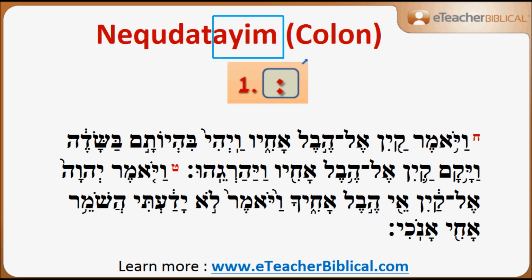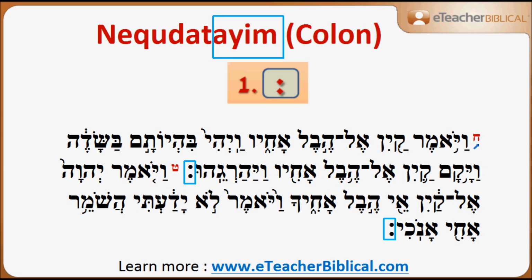Now let's look for the colons, or the nekudatayim, in the text, and you can immediately figure out what the purpose of those nekudatayim is. You see one here, you see another one here. You can figure out that the nekudatayim indicate the end of a verse.